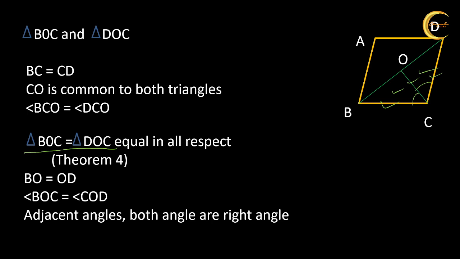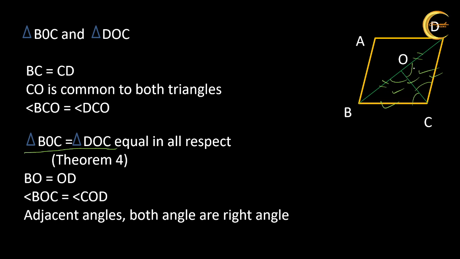If you want to know more about these things, please watch my video about this theorem 4. Now we can say it is equal in all respects, meaning its three sides and three angles are equal. So we can say BO equals OD, and angle COD is equal to angle BOC.